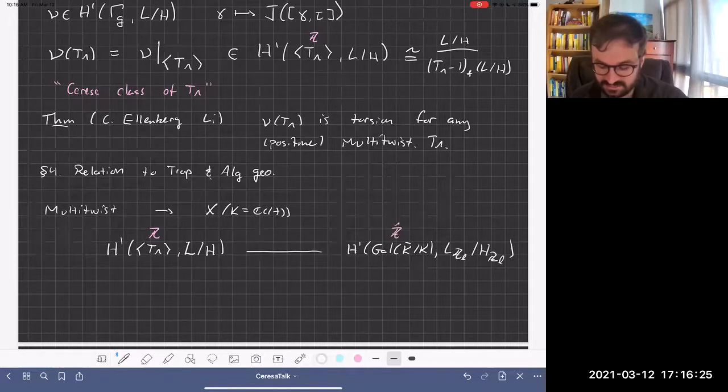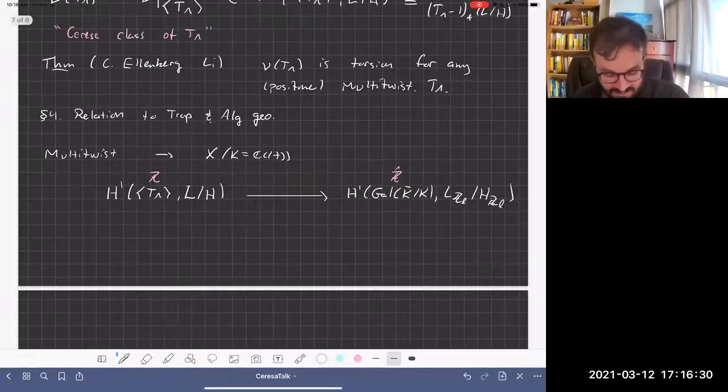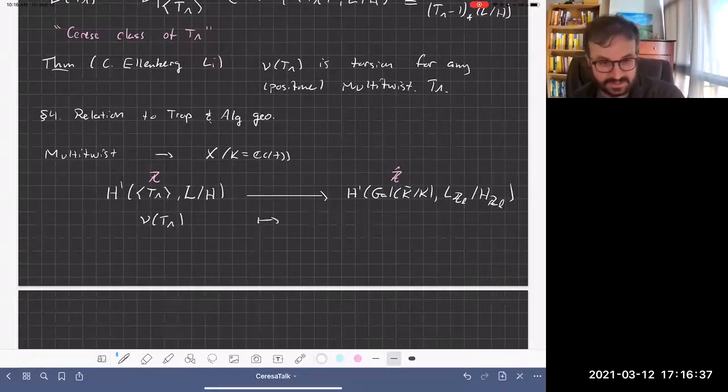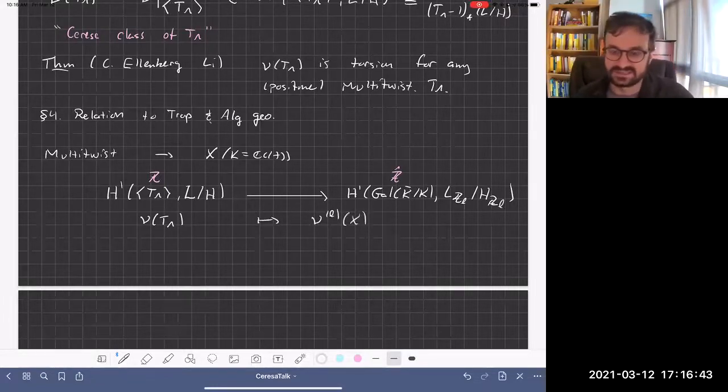And there's this comparison morphism going in this direction. And we prove that this comparison morphism takes the Ceresa class of T lambda to the l-adic Ceresa class of your curve X. And I guess there's this correspondence that was brought up earlier from Drew's question, between the multi-twist and a curve defined over C((t)).